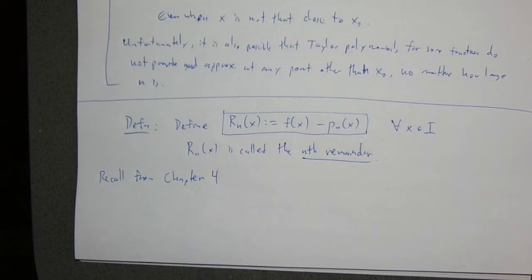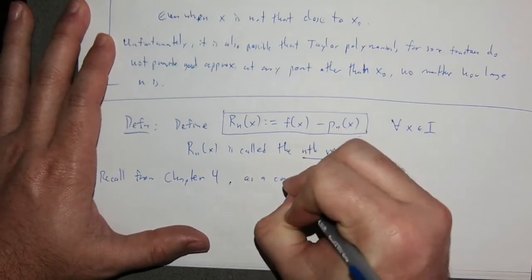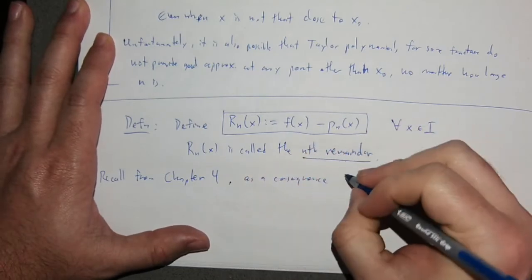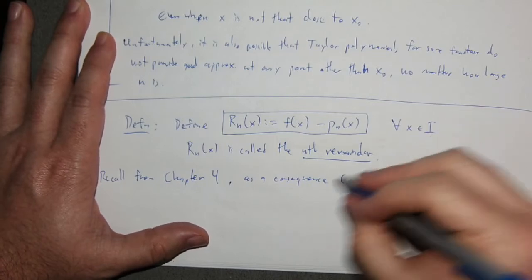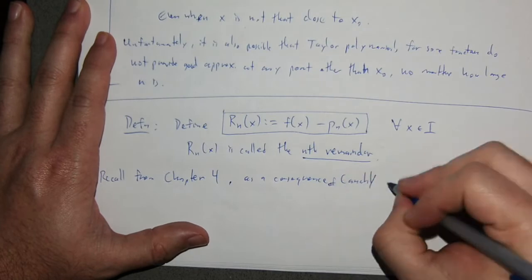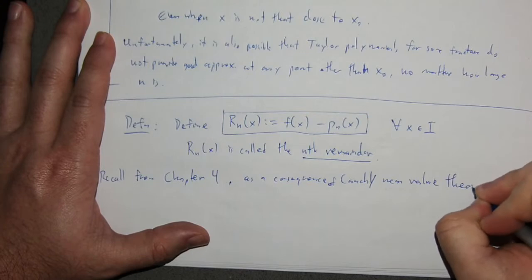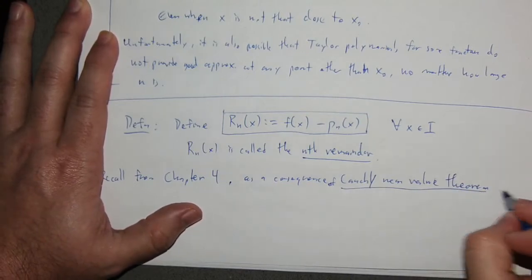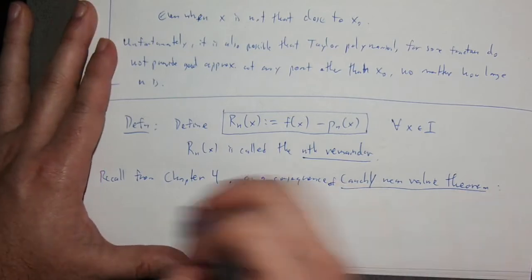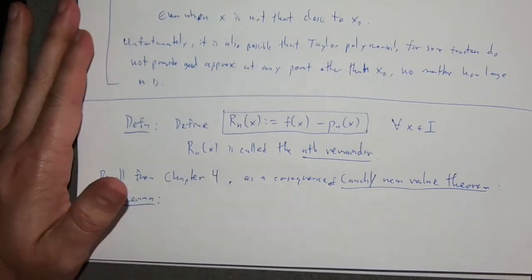So now is later. So recall from chapter 4, as a consequence of the Cauchy mean value theorem, this is really the main reason we had the Cauchy mean value theorem, there was this lemma. So the lemma is the following.